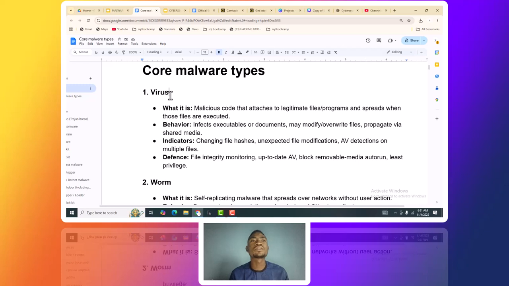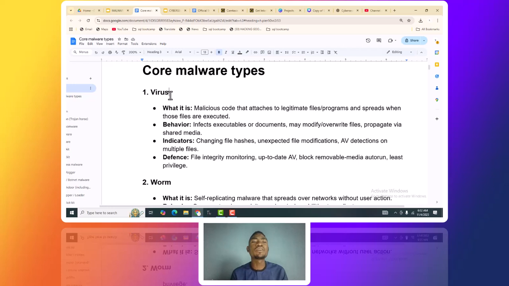What is a virus? A virus is a malicious code that attaches itself to a legitimate file or program and spreads when those files are executed. Let me explain further. When a virus enters your system, for example your laptop, it replicates itself from one folder to another.